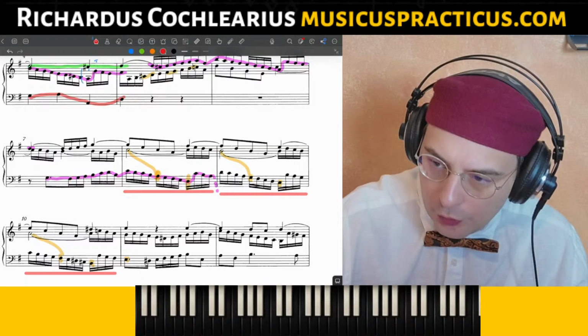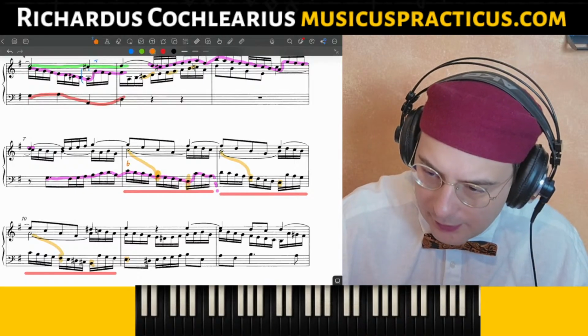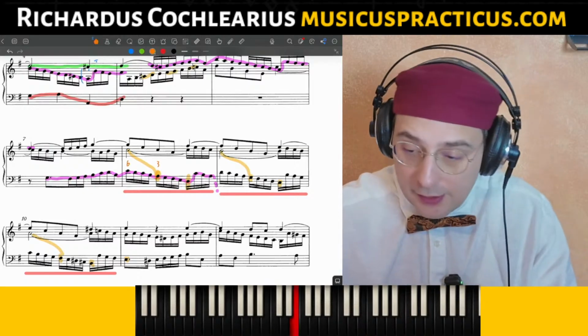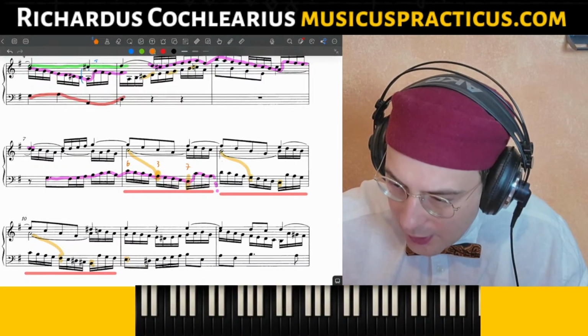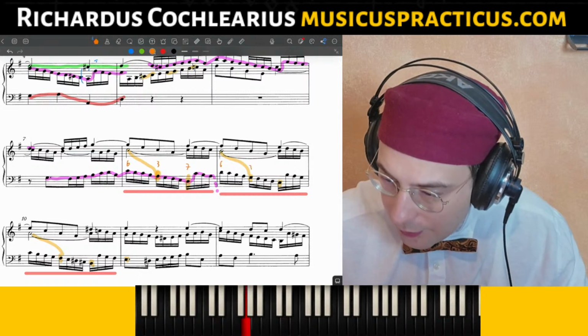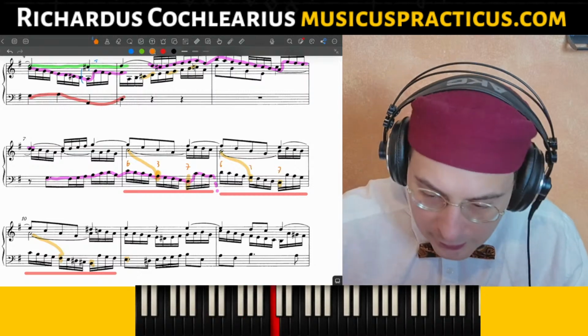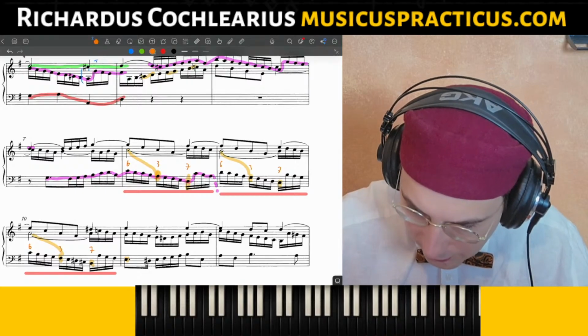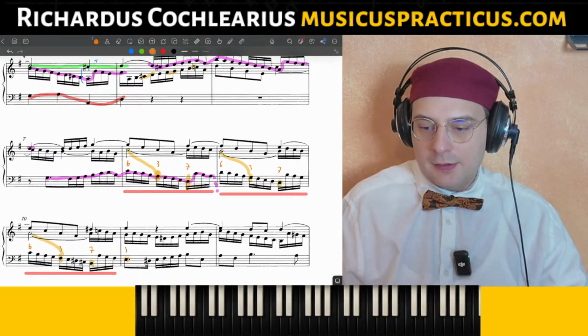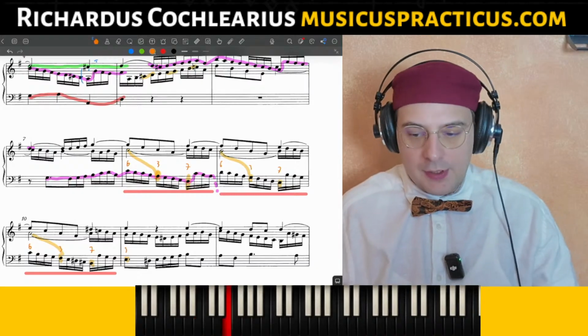Very important to notice this interval. 6, 3, 6, 5, I said. 6, 3, 7, 6, 3, 7, 3. That's it. Where we have the cadence.